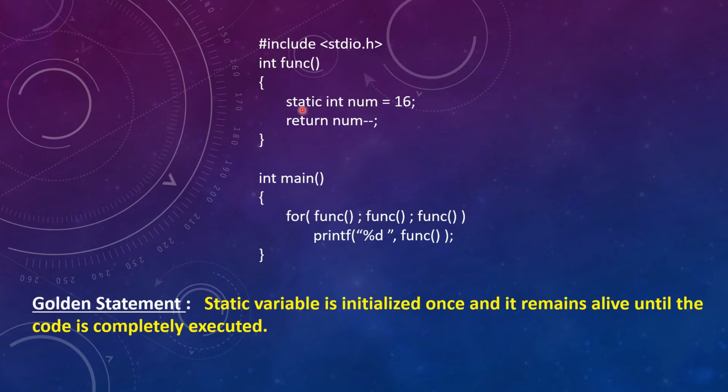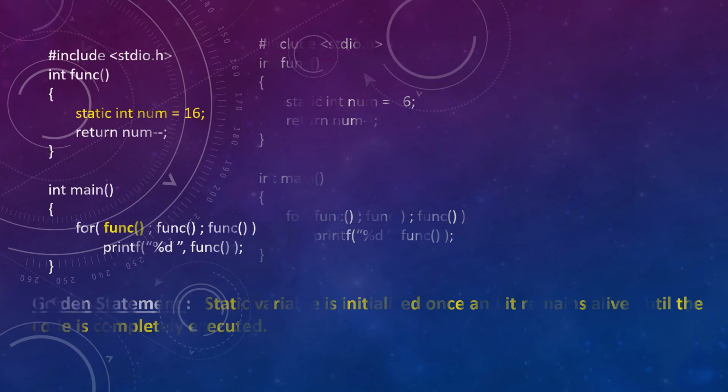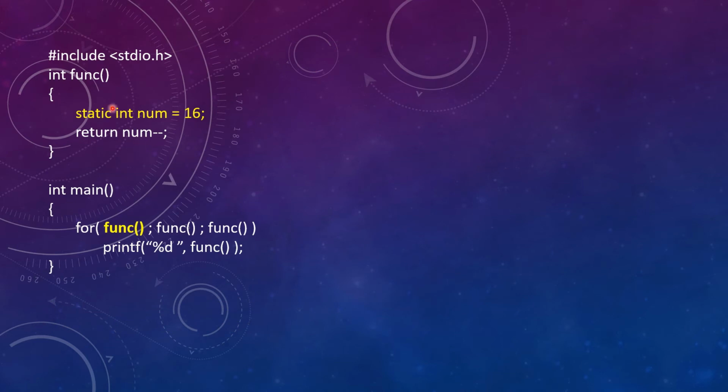So let us understand how to solve this question. I will go in a very slow manner so that you can understand each and every single operation going on. At the very first, just focus on this main function because the program starts executing from the main function itself. Now within the for loop, as I said, the initialization part is the one which will be executed first, and it will be executed only one time.